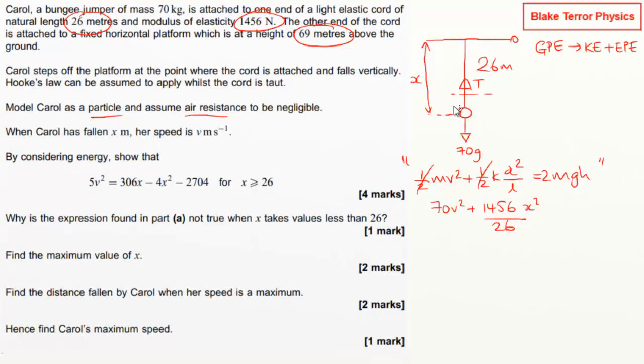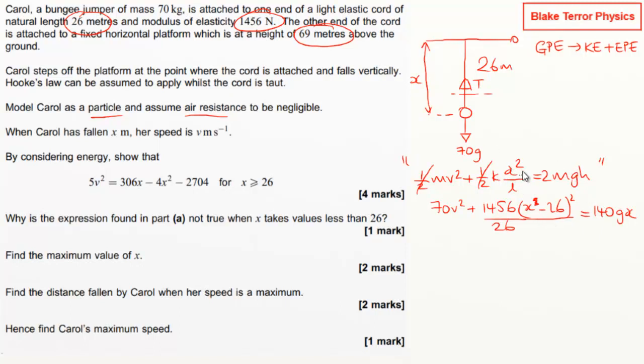So the extension is going to be x minus 26, because we've got to go 26 meters before it starts extending. So we take that off of x, which we're measuring from the platform at the top, and that has got to be equal to 2 times m, so 140 times g times x, and that is an actual x again.